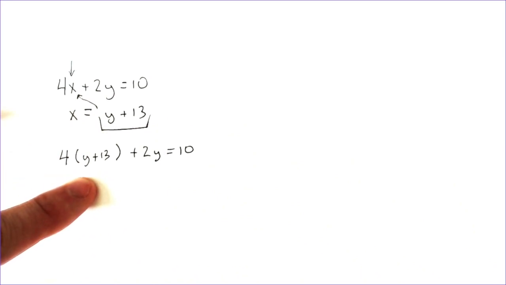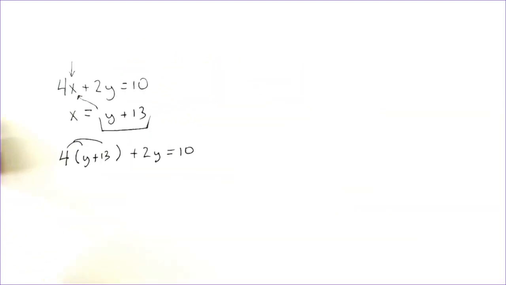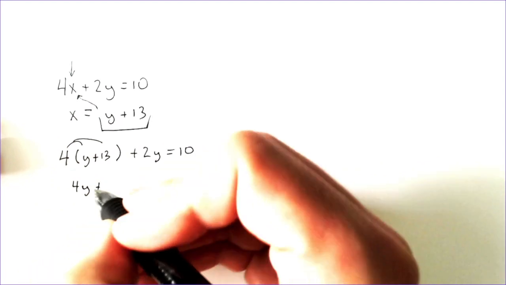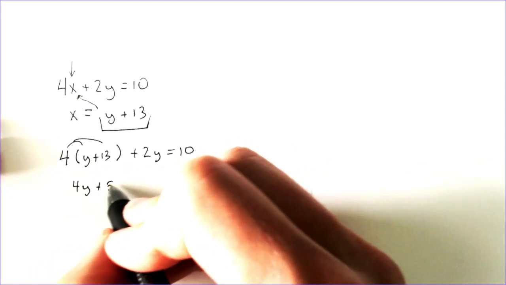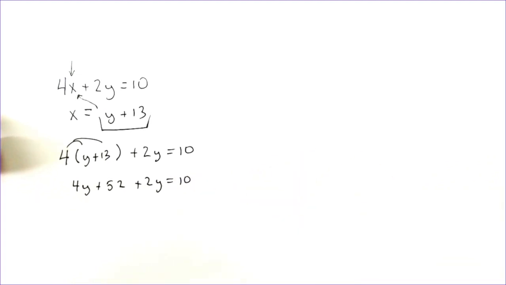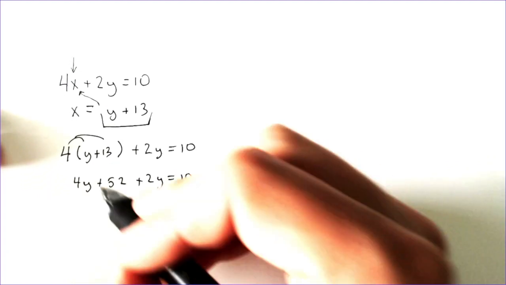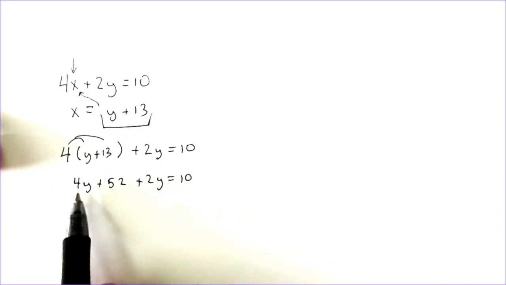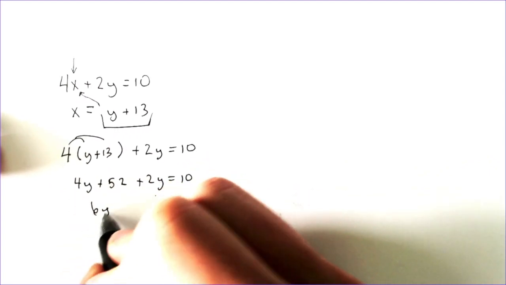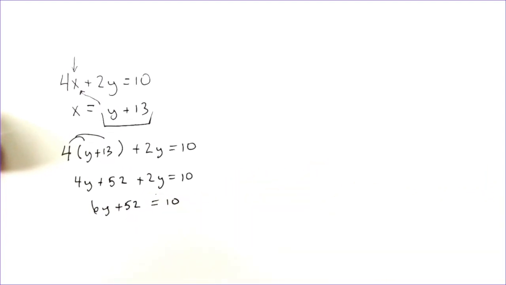From here we have a single equation with a single variable. We can solve like normal with substitution. That normally means you have to distribute. We get 4y plus 4 times 13 is 52 plus 2y equals 10. Combine like terms. So we're going to combine 4y and 2y together to get 6y plus 52 equals 10.